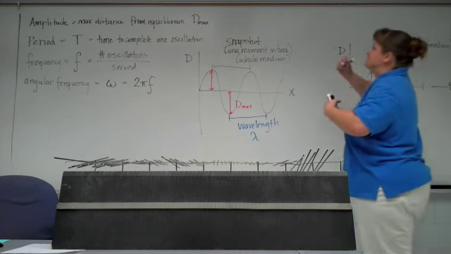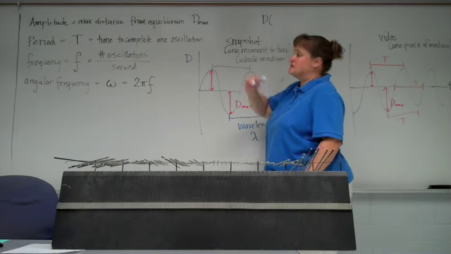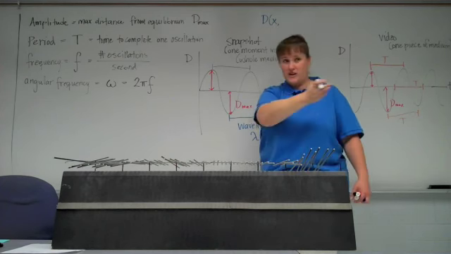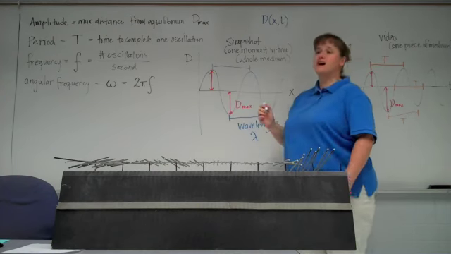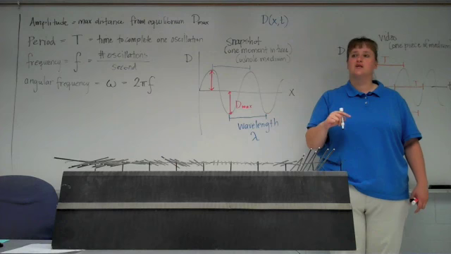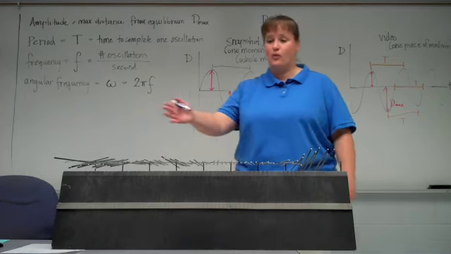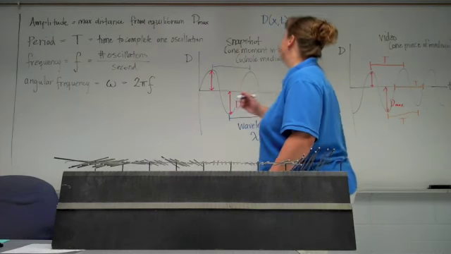So our equation, the displacement of the medium, our function, is going to depend upon x, which piece of the medium we're interested in, and t, what time we're interested in. So we have an equation with two variables in it: position, just meaning where in the medium, and time, what time we are looking at it.